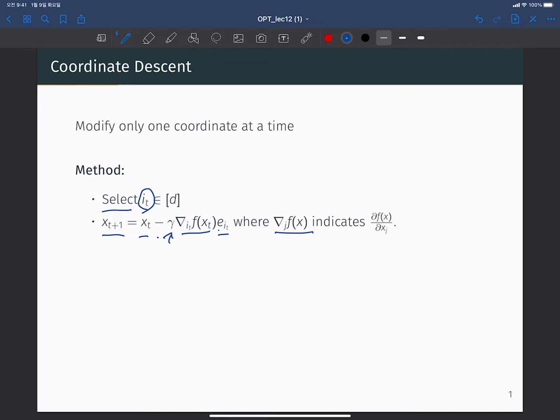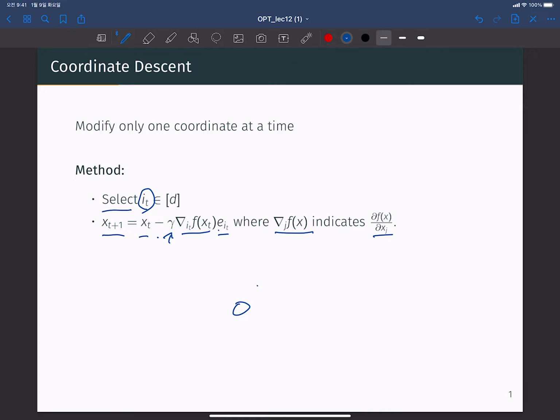Here this indicates the partial derivative. So basically, the coordinate descent approach computes just one single axis at a time. That is a very simple implementation of the gradient descent approach.